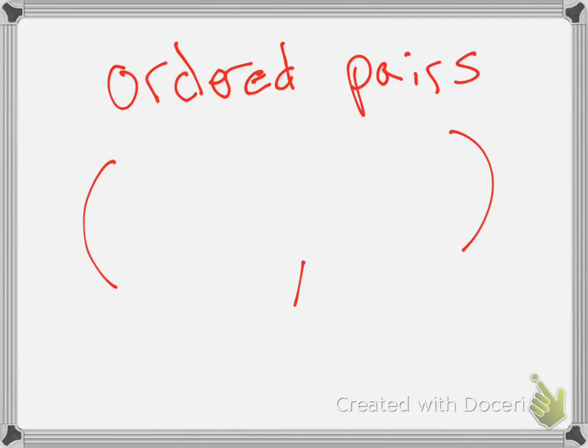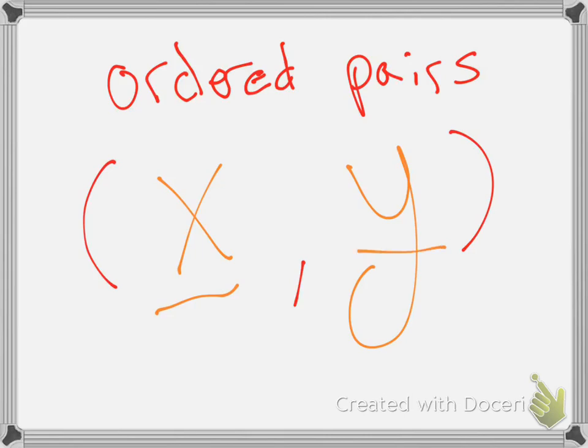X comes first in our ordered pair, and then comes Y, right? Which letter comes first in the alphabet? X, then it goes Y. Not first in the whole alphabet because it goes A, B, C, but we go W, X, Y, Z. So it's in alphabetical order. So that's how you can remember which way an ordered pair is.